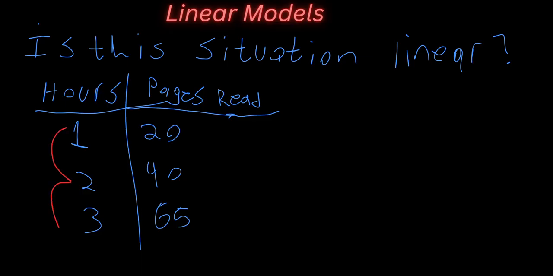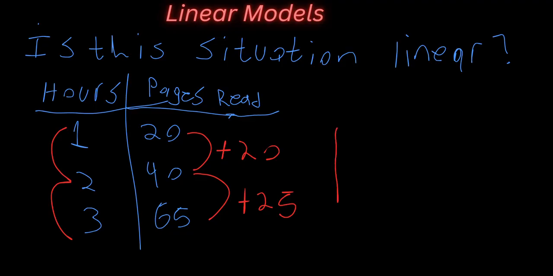So we have x is our independent variable, it's changing, and our dependent variable over here is plus 20 and then plus 25. Well, that's a red flag, because this rate of change is not constant.